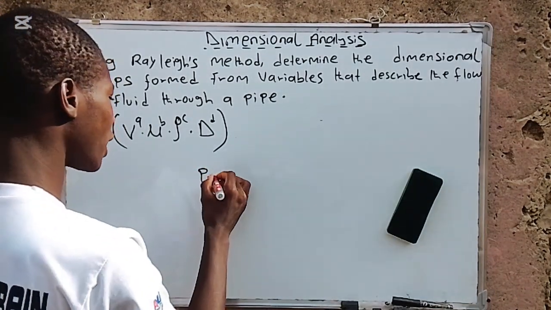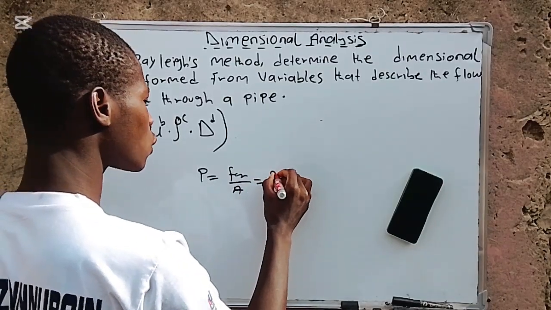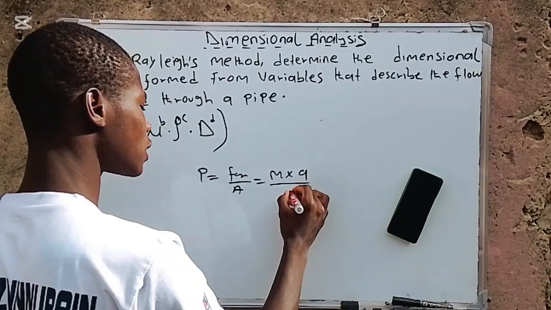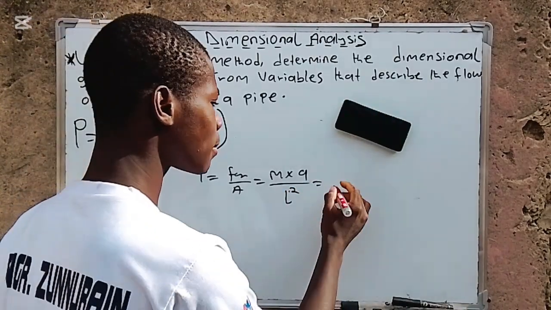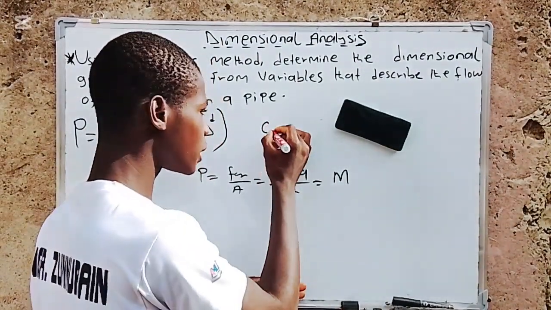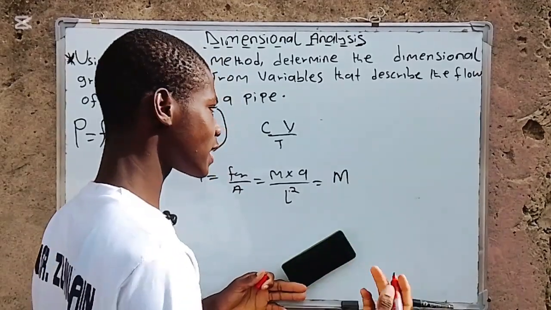We all know that pressure is force over area. So the force, which is mass times acceleration, divided by area, which is L squared. So what is mass? Mass is capital M. Acceleration is change in velocity over time. What is velocity itself?